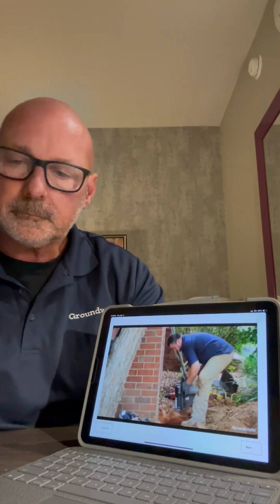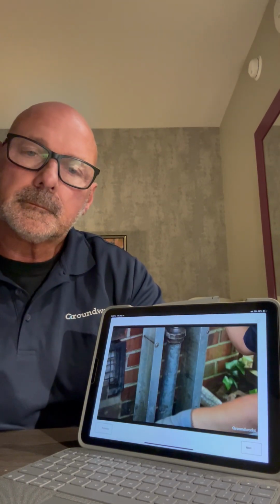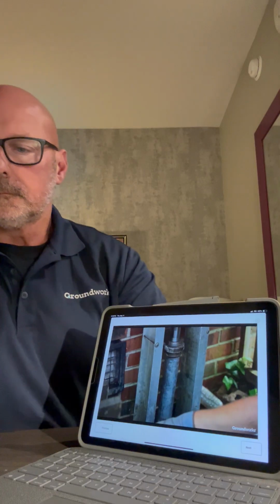The system utilizes steel piers to support the home on strong soils deep below the surface. Here's how it works. First, some soil is skillfully removed to expose the footing. A heavy-duty steel bracket is then secured to the cleaned and prepared footing. The push piers are then driven through the bracket deep into the earth.